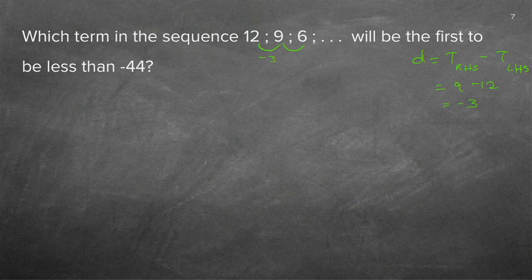Let's check this one. 6 minus 9 is minus 3. The minute I see the D is repeating, then I know I've got my common difference. And then I know this is my D, my common difference. Good. Now I must do my formula. Remember, always write down your formula. Dn plus C. So I got the formula.